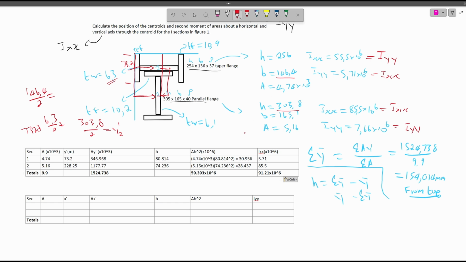The last thing to do is to add these two and get your final Ixx.